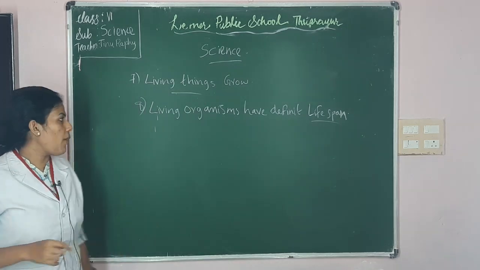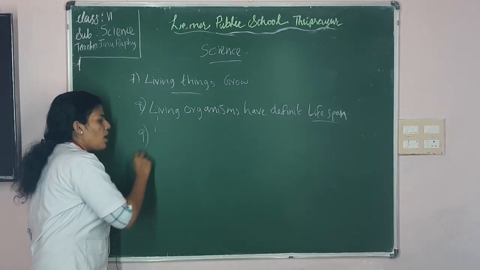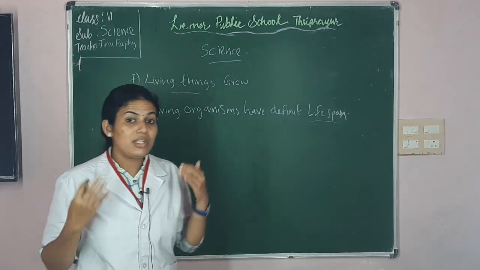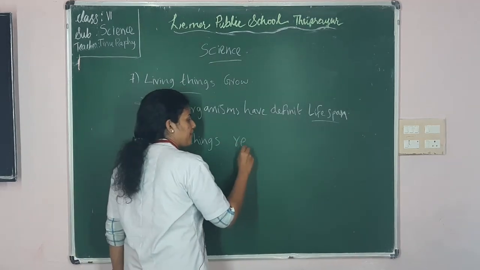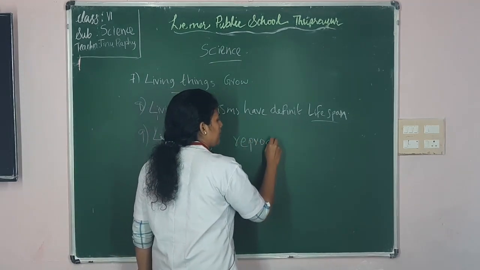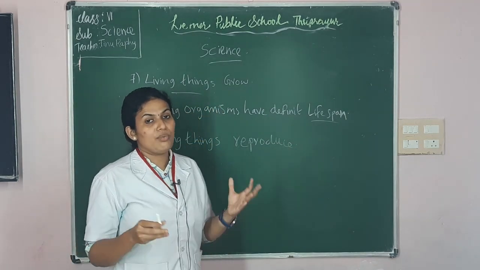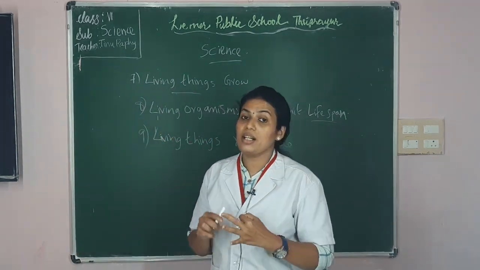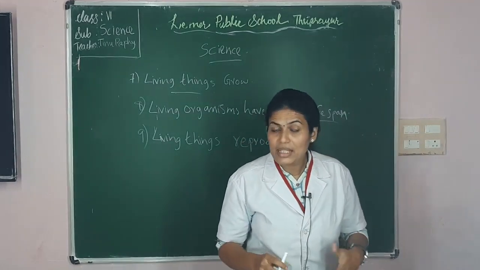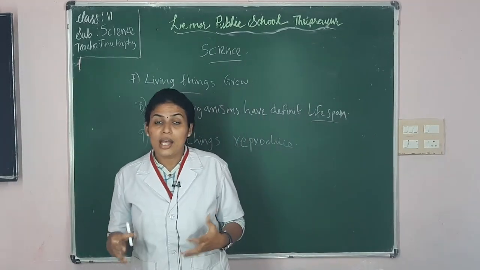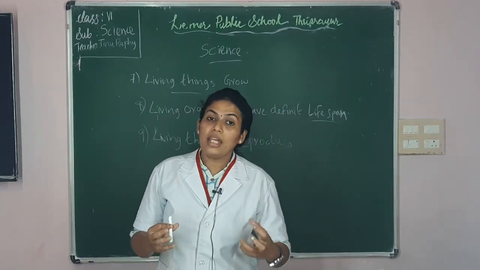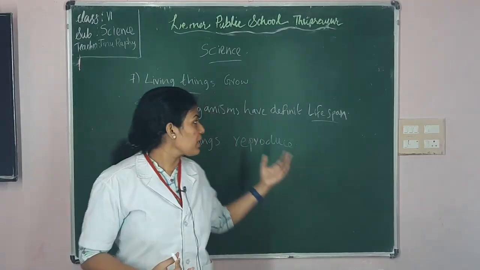So, that is the 8th point. Now, the 9th point is that all the living organisms reproduce. We know that all the living organisms, whether it is cat, rabbit, rat, dog, human beings, and the plants also, they all show the property of reproduction.